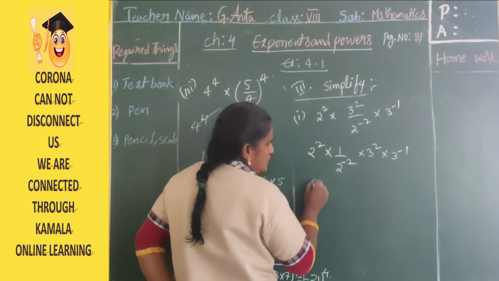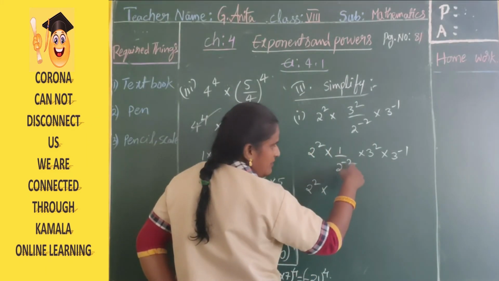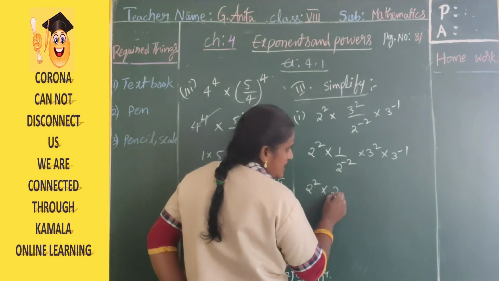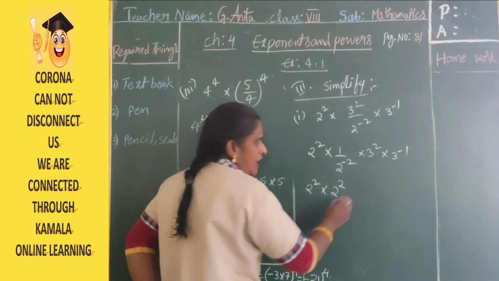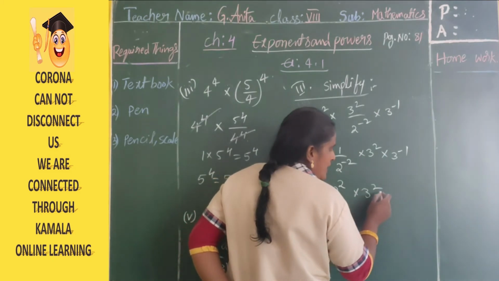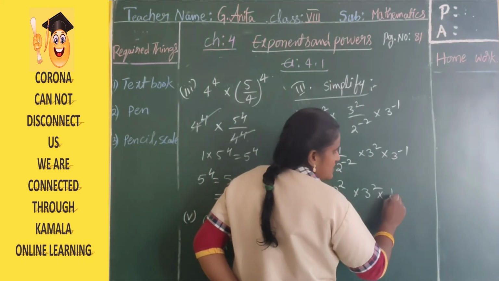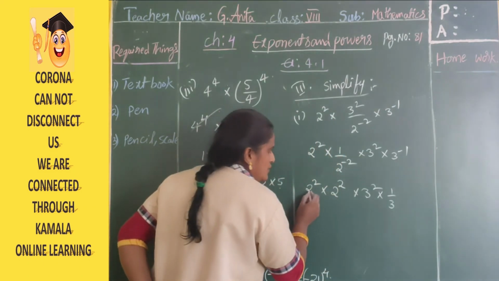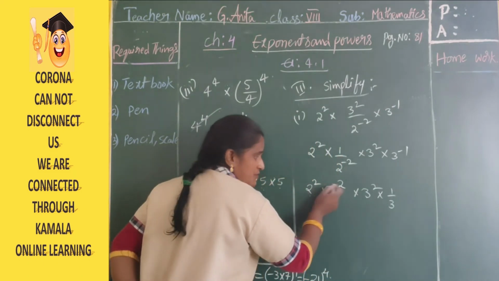So again 2^2 into, already I said, 1 by 2^(-2) can be written directly as 2^2, into 3^2 into, this can be written as 1 by 3. So here bases are same, powers should be added.